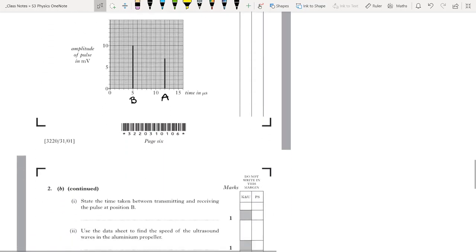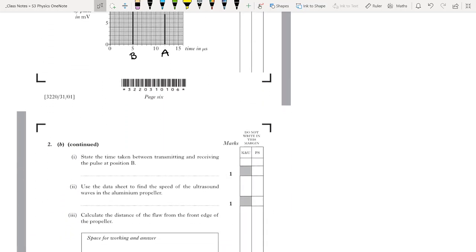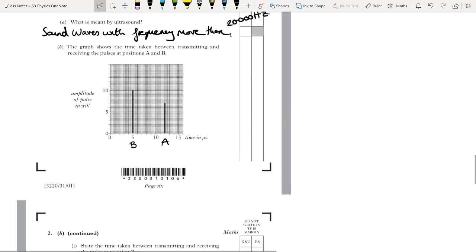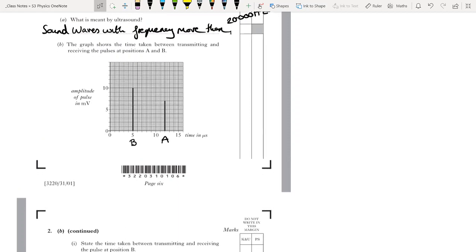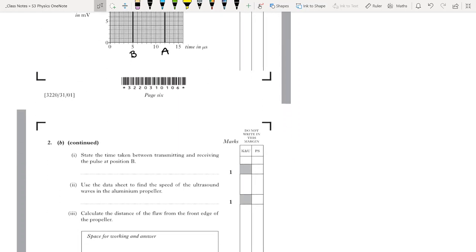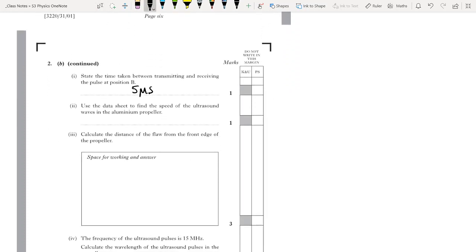So, part B (i): state the time taken between transmitting and receiving the pulse at position B. It's the one that takes the shorter amount of time, so 5 microseconds. Make sure your micro looks more like a micro than mine. Is that clear? That is quite a tricky thing to work out.